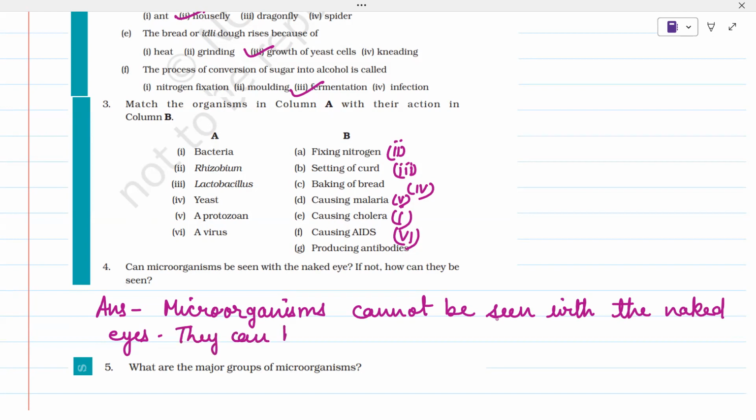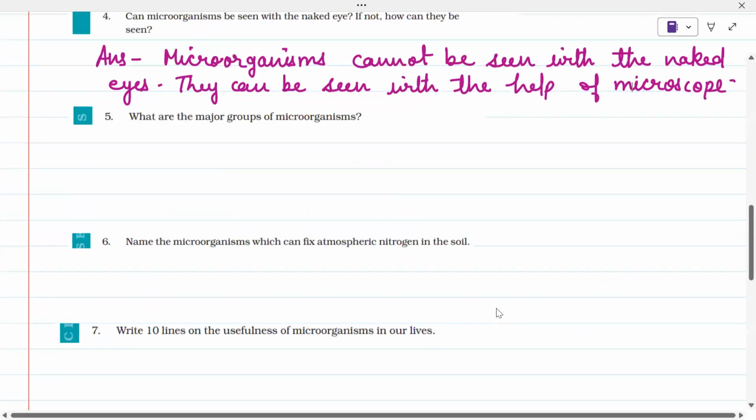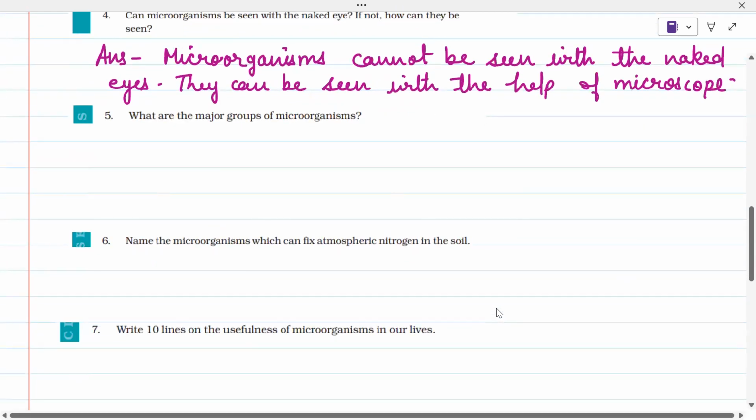They can be seen with the help of a microscope, right? Now, moving on to the next question.